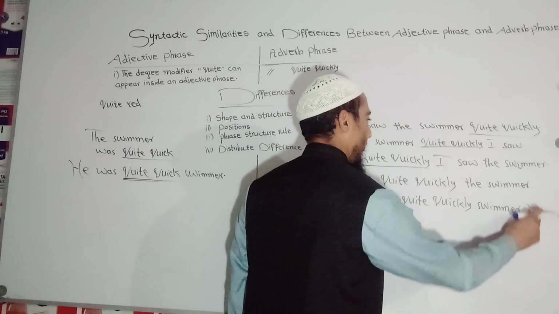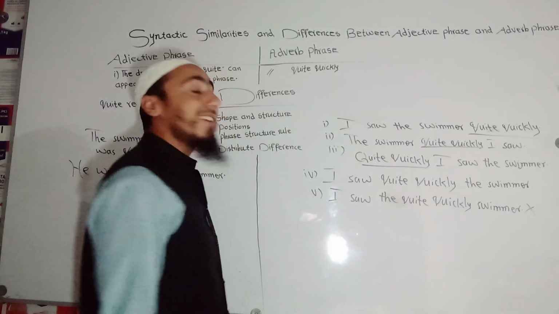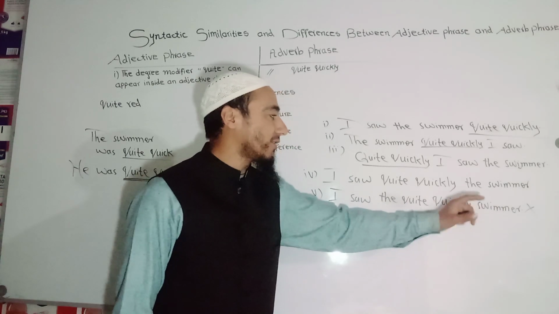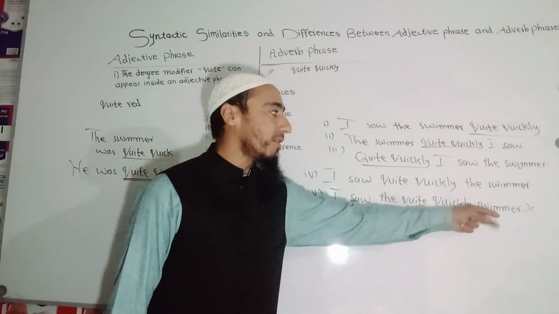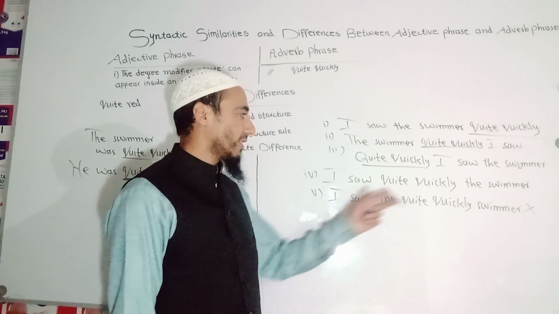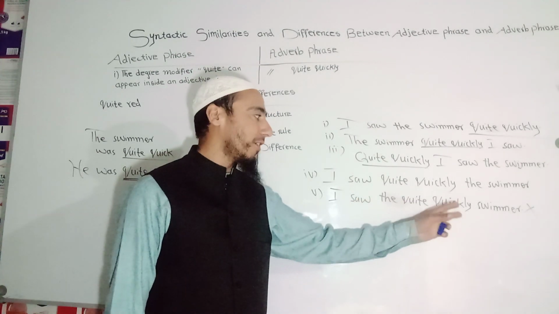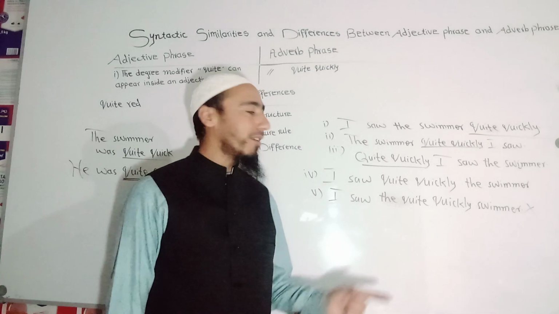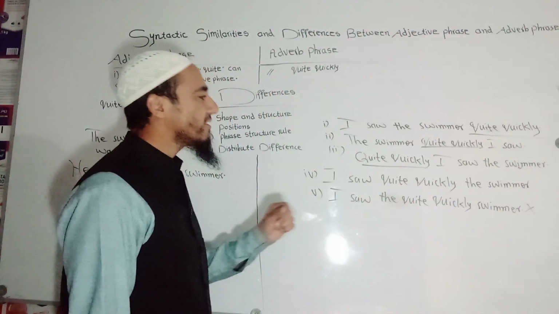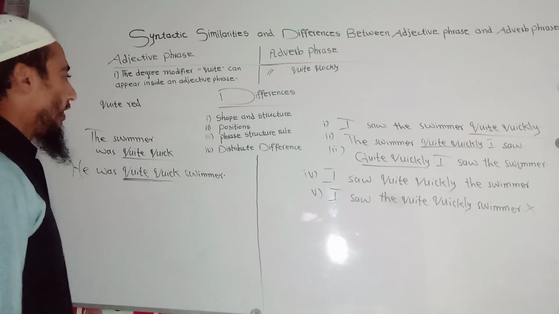This shows that the sentence is incorrect. This is incorrect because it comes before what? Before the noun phrase or the noun. An adverbial phrase or adverb does not come before the noun. So that's why it's incorrect. This is the overall form of it.